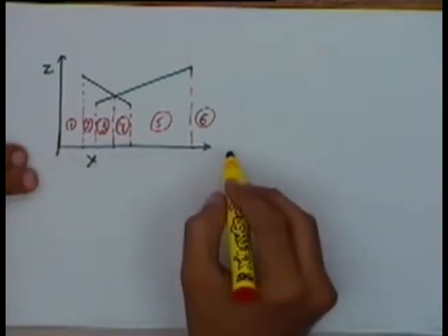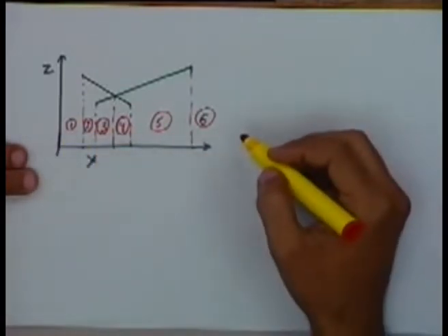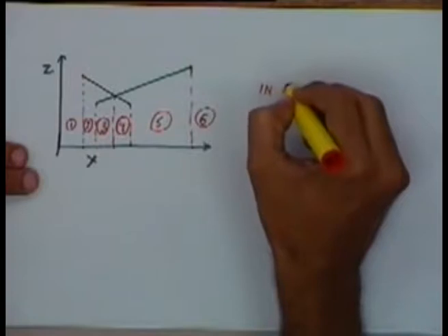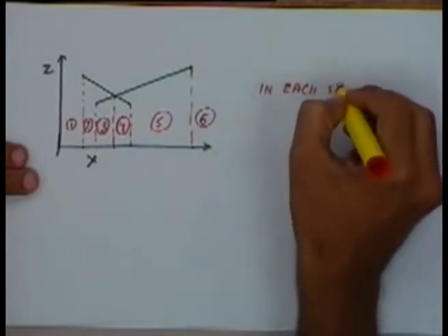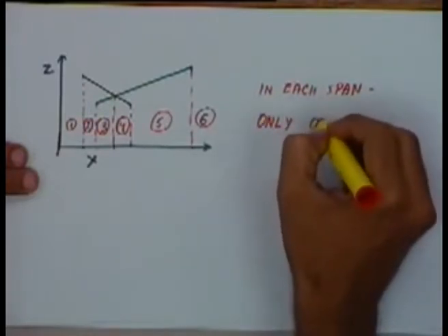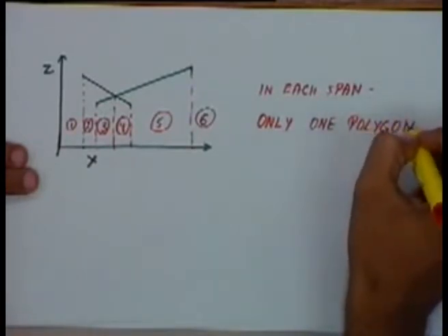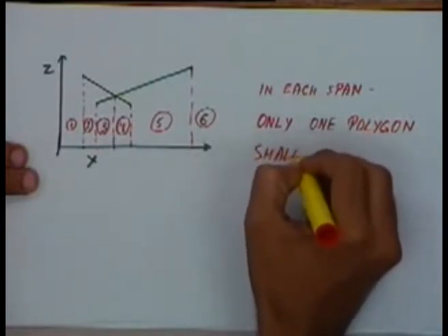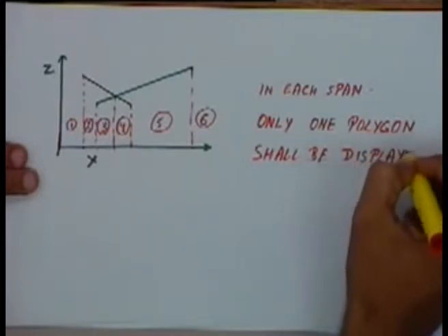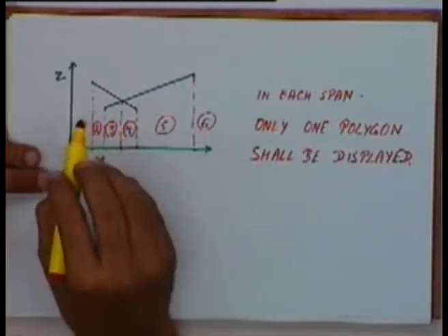This way the whole screen or the complete scan line along the x axis will be divided into a number of spans. And the important property would be that in each span only one polygon will be displayed. There will be no span in which more than one polygon can be displayed.